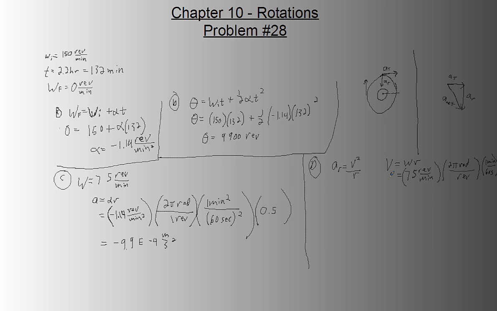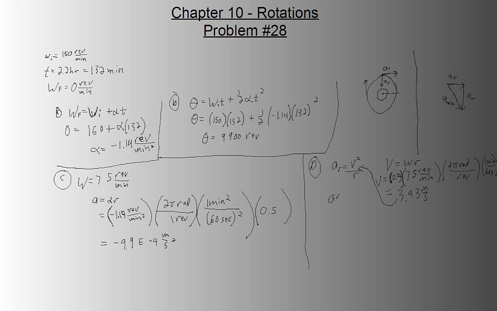Times 0.5 for the radius. So v equals that. The radius is just here. So that turns out to be 3.93 meters per second. That's our v. That goes up in here.